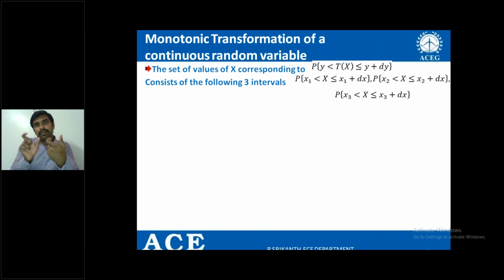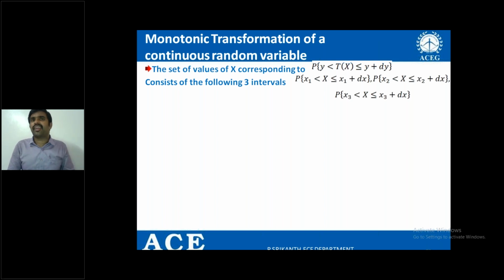The other one is between x2 and x2 plus dx. The third one is x3 to x3 plus dx. 3 intervals, right? One interval in the new random variable corresponds to 3 intervals in the existing random variable. In such a scenario, how do we find the density function or distribution function of the new random variable?